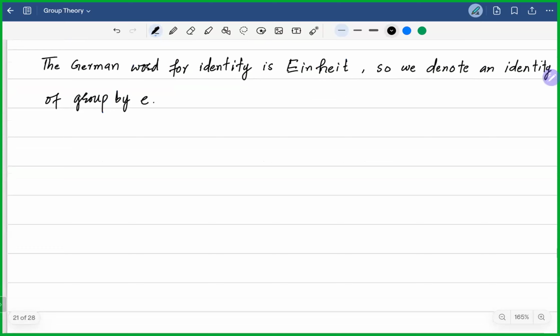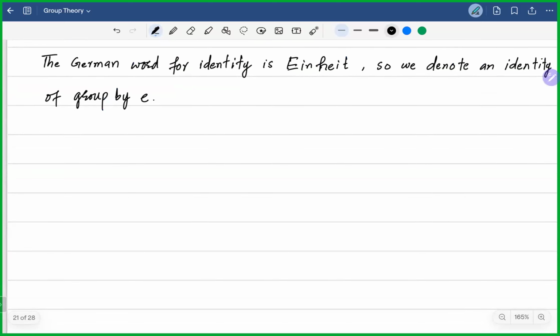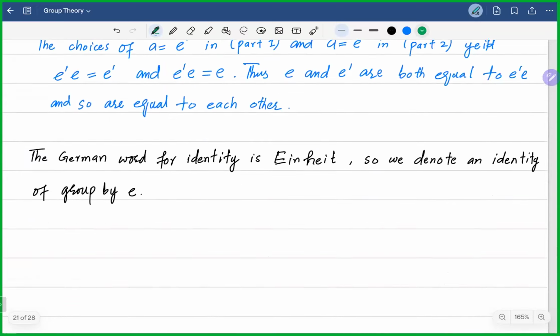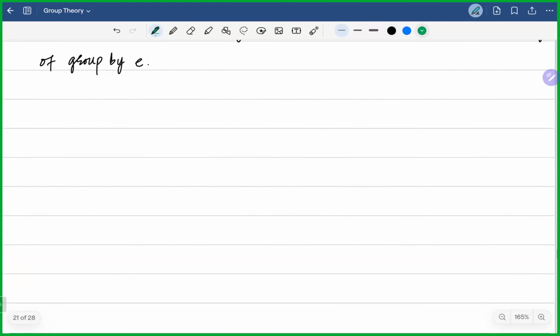Okay, perfect. Now we can say something more. Theorem 2.2 is about cancellation.